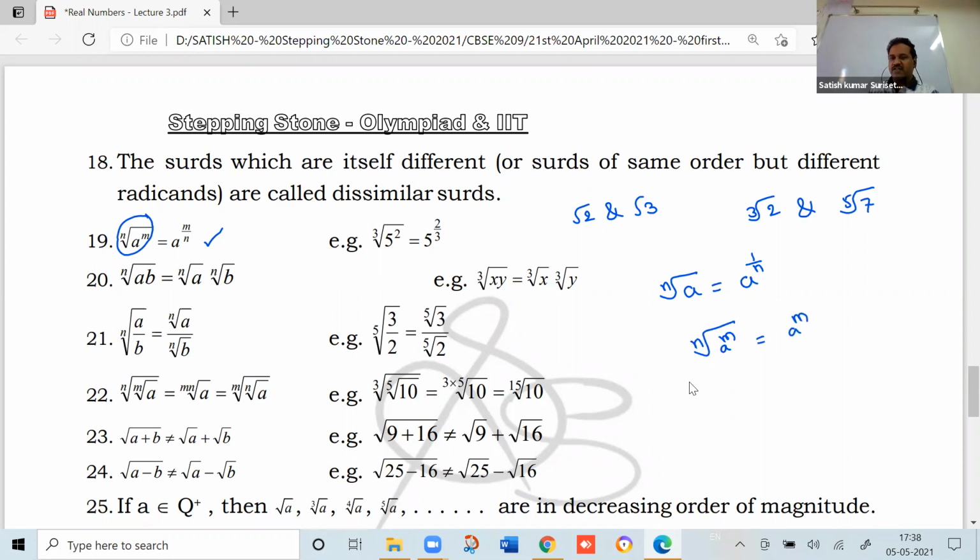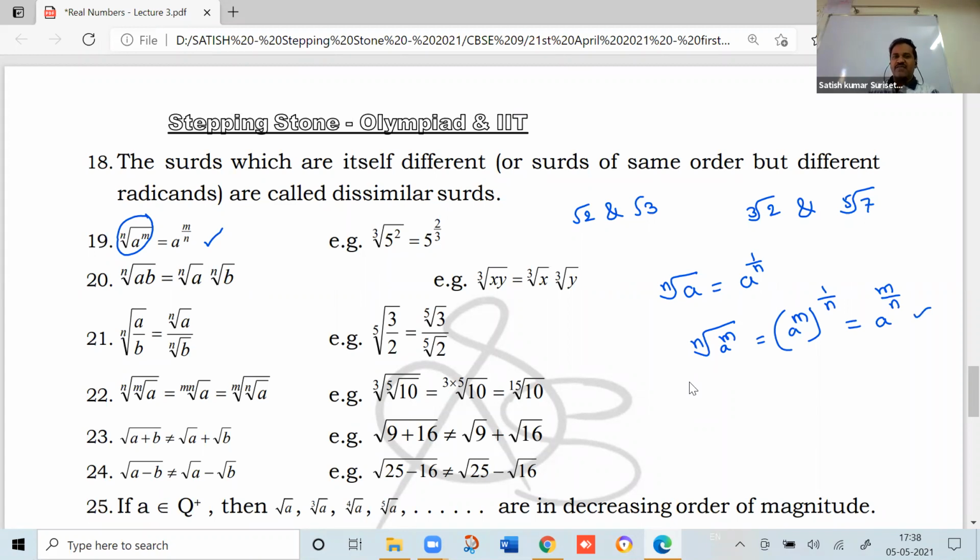When I remove the nth root symbol, I should write the whole to the power of 1 upon n. Now again using the power law of exponents, a power m whole to the power of 1 by n becomes a to the power of m upon n. So remember, you should multiply m to the numerator only, not the denominator. Sometimes you will make a mistake here. So a to the power of m into 1 by n, you should write as a to the power of m by n only.